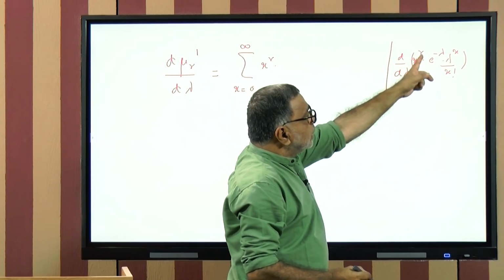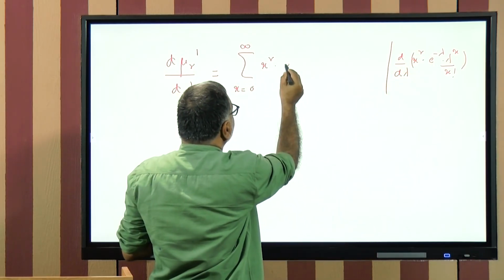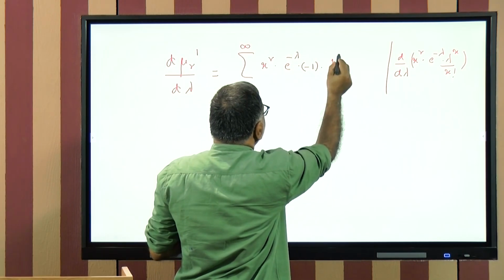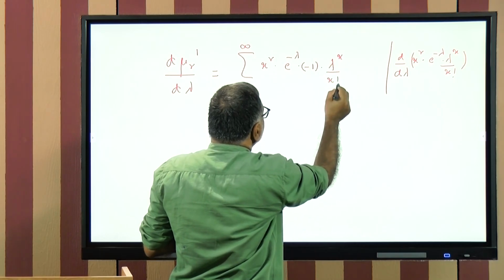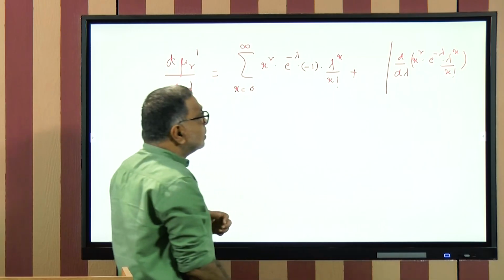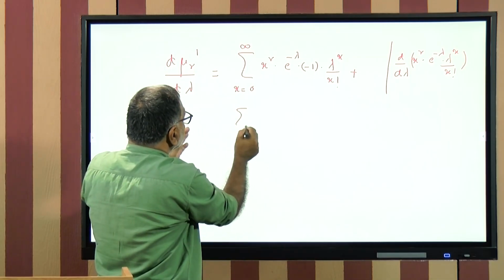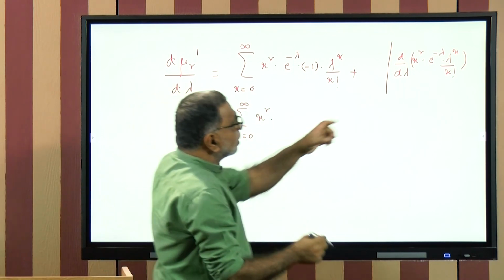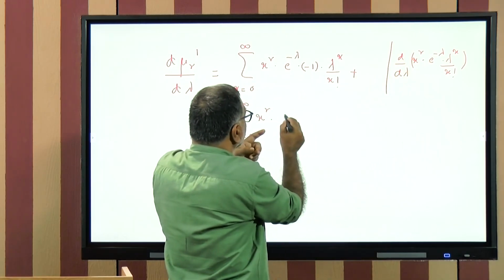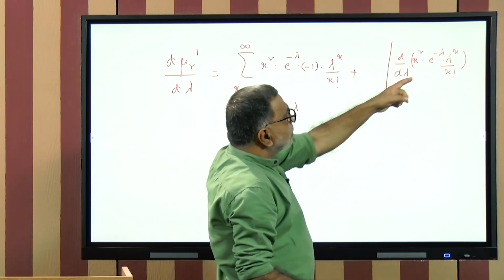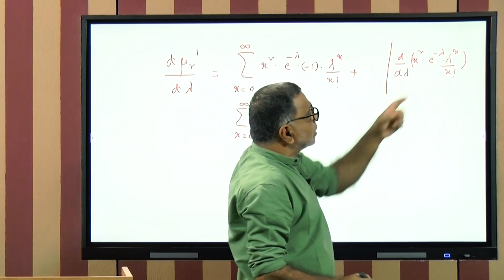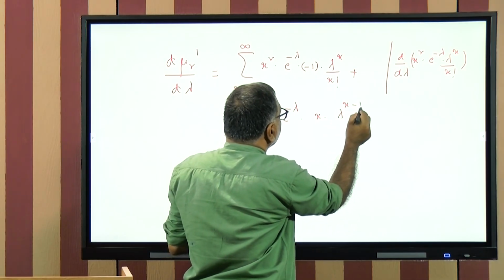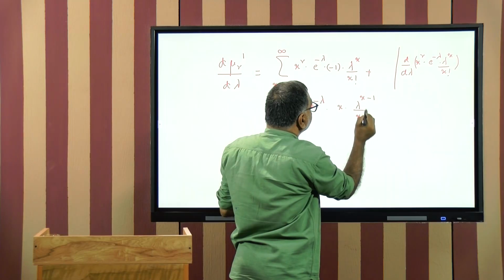So, differentiating x power r e power minus lambda, we have e power minus lambda into minus 1 and the remaining function lambda power x divided by x factorial, plus a second sum, sigma over x is equal to 0 to infinity x power r e power minus lambda into the derivative of lambda power x divided by x factorial, that is x into lambda power x minus 1 divided by x factorial.